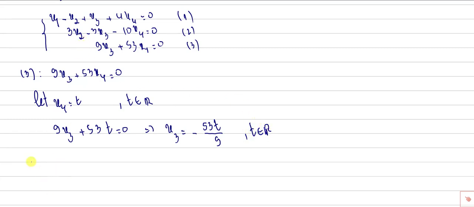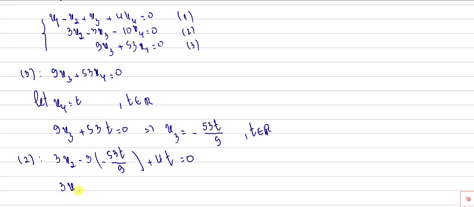And next we go to equation 2. Equation 2 is 3x2 minus 3x3 minus 10x4 equal to 0. Minus 3x3 is minus and minus, plus 53t over 3, and minus 10t equal to 0.